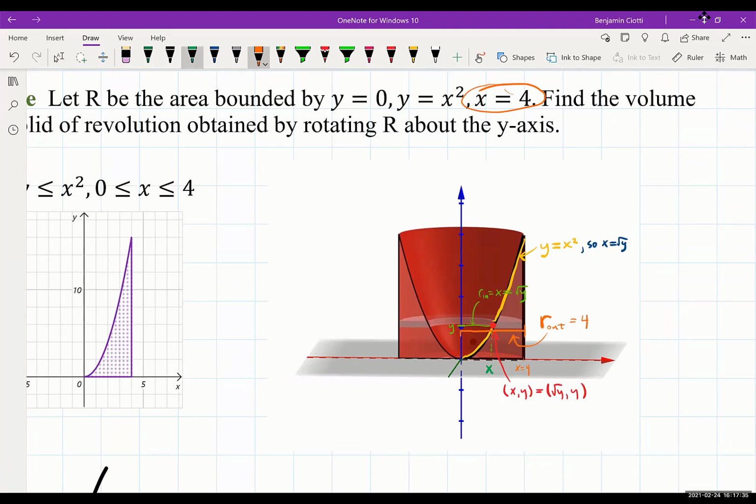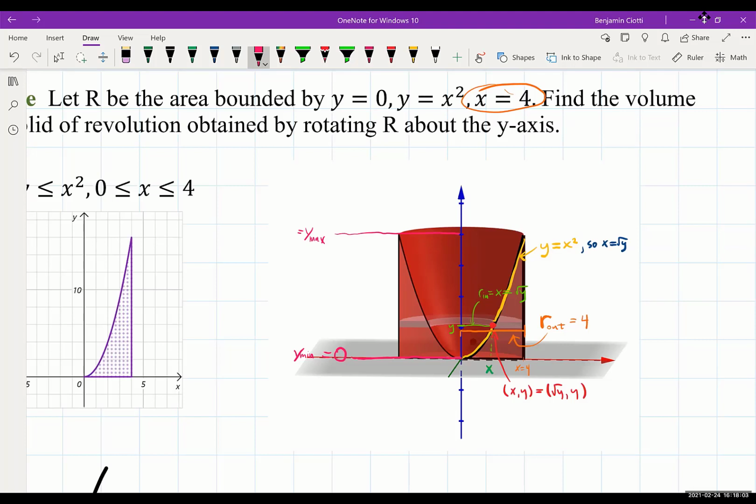I suppose I will also need to know what our limits of integration are. So I'll need the minimum value, and I'll also need the maximum. Anyone know what the maximum y value is? It's not 4.